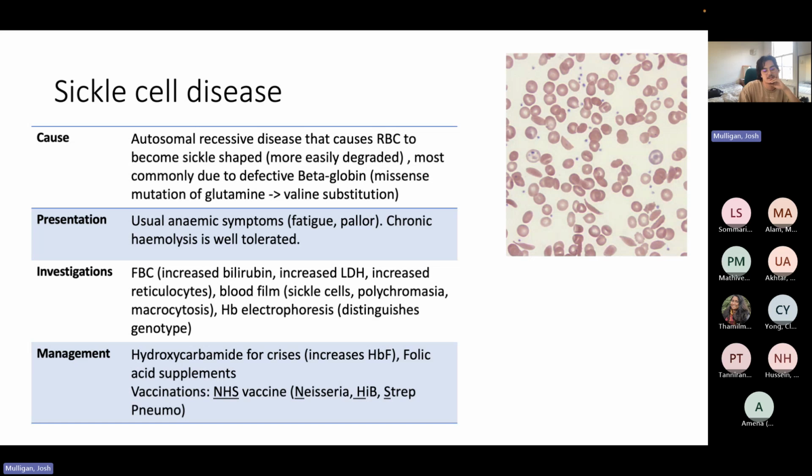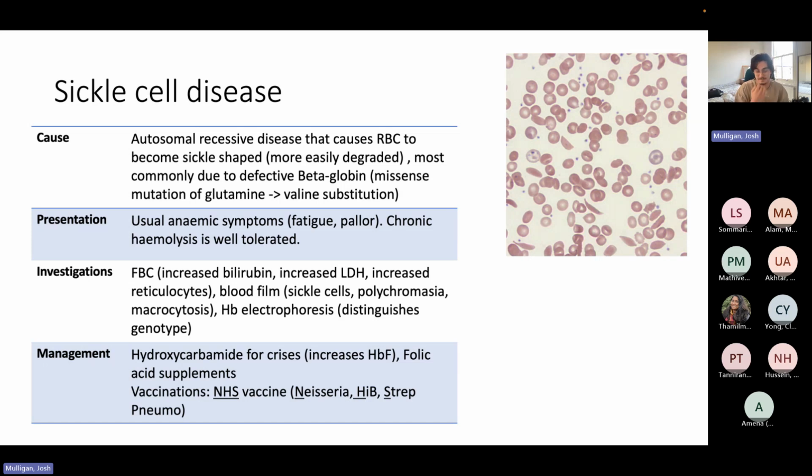Management-wise, you can treat the patients more long-term with hydroxycarbamide. What this does is increase fetal hemoglobin. So there are a lot more blood cells with fetal hemoglobin and alpha hemoglobin, and a smaller proportion of blood cells with the defective beta hemoglobin, which means there will be fewer blood cells that can sickle with this dodgy beta globin.